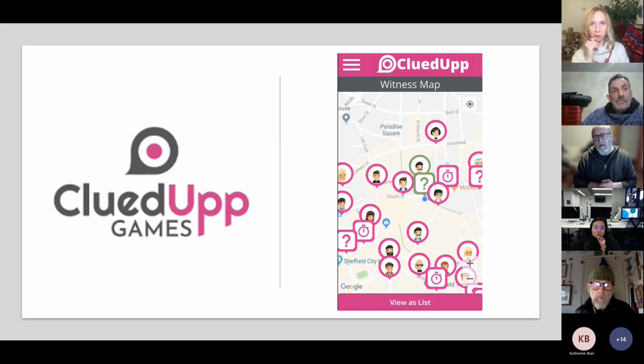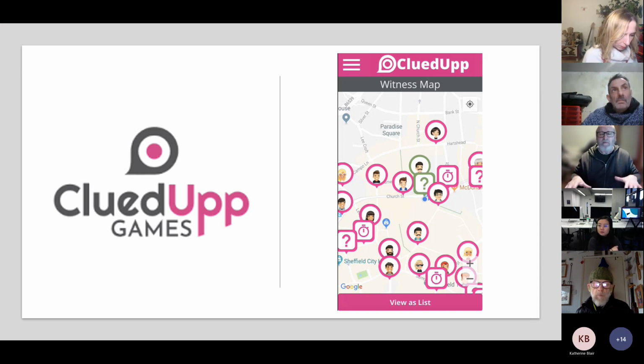I also did this little game called Clued Up, which is out there. They do them all the time, in cities all around the country. It was a really interesting experience, because the model is that they have these puzzles designed to be able to lay onto any city map.